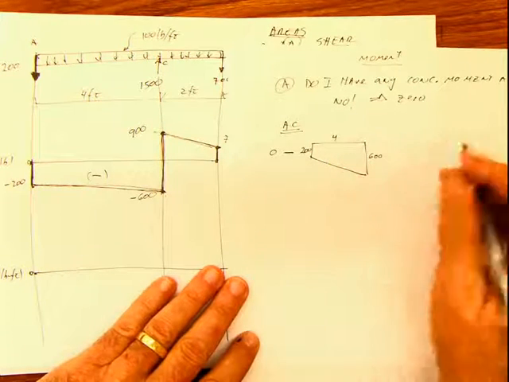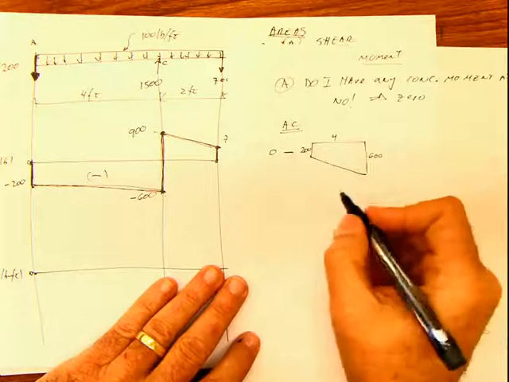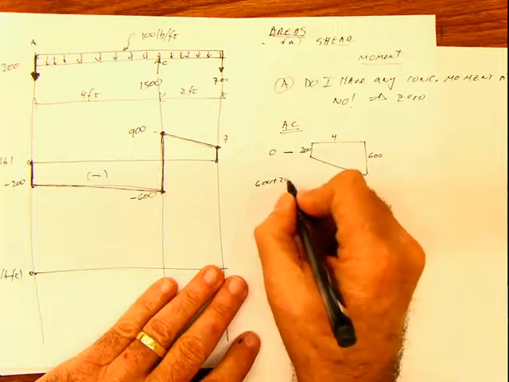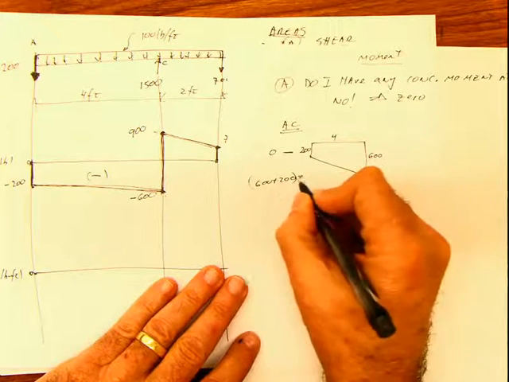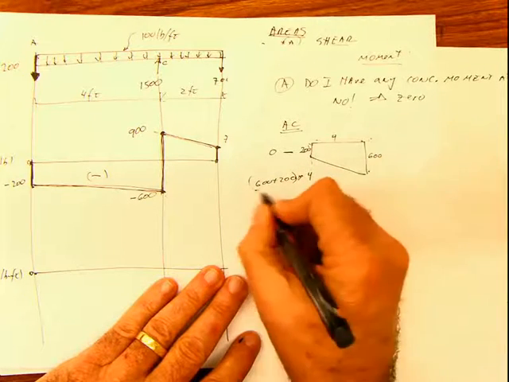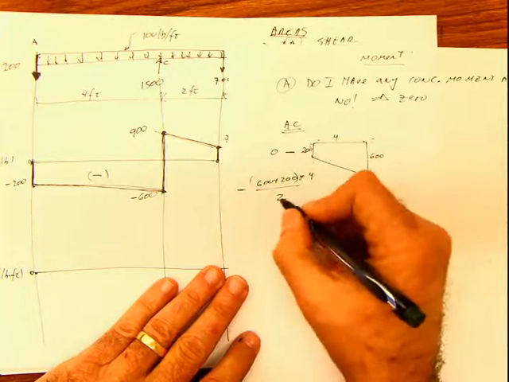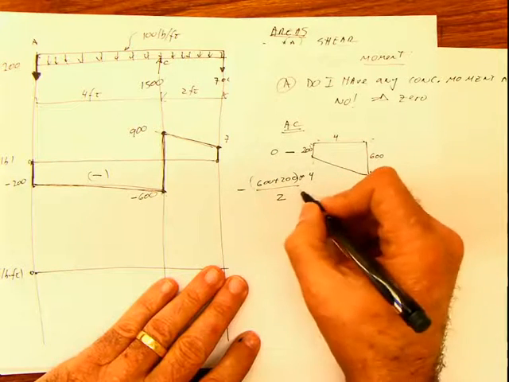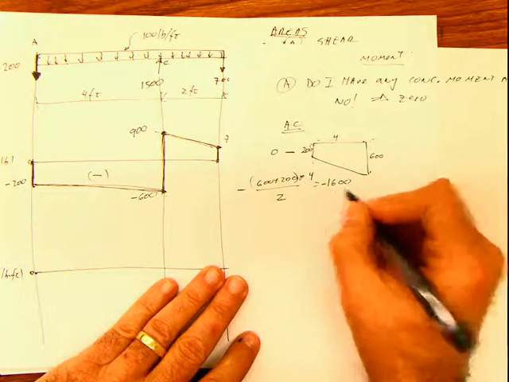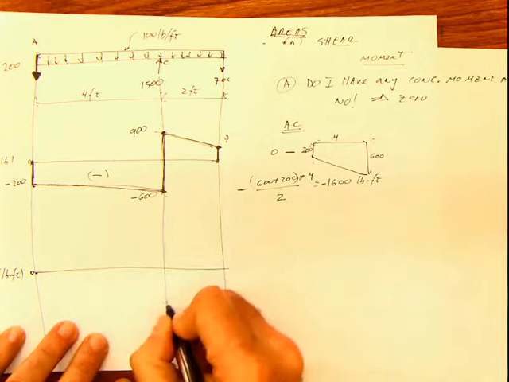Well, this area, you can calculate it as a trapezoid, so you have 600 plus 200 multiplied by 4, base 1, base 2, height, divided by 2, and remember it's negative. So this is going to be 4 divided by 2, and 4 divided by 2 is 2, 2 times 800 is 1600, negative. That's the value of the moment. So at this point it's going to be negative 1600.